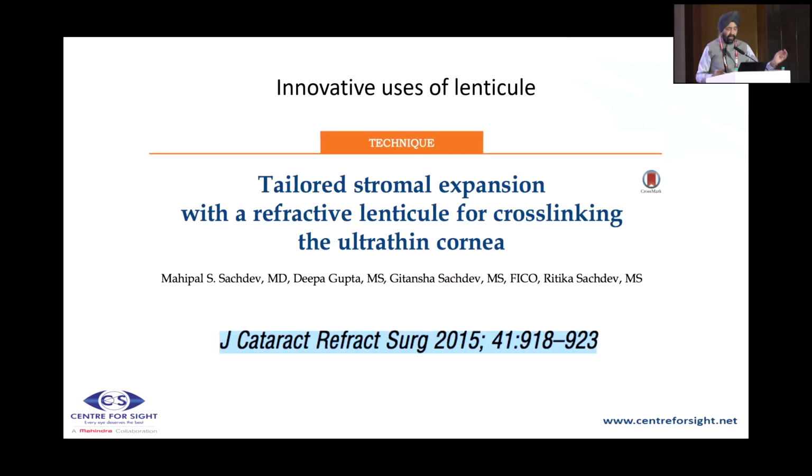Now, what we have also described, among the innovative uses of the lenticule, is tailored stromal expansion. Nowadays, there are machines which are giving you less fluence for cross-linking. Previously, 460 was the cutoff point: you don't want to do cross-linking below a thickness of 460 because you remove the epithelium and then you can cause endothelial damage.